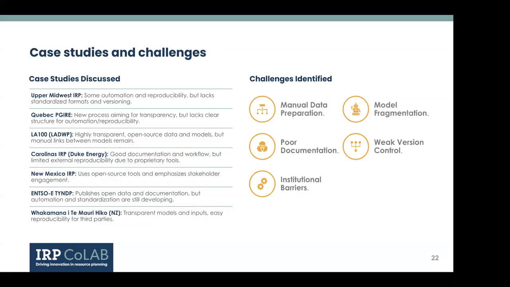We looked at a number of them, which were selected either because they were interesting, because they used a lot of transparent tools already or had a lot of automation built in already, or because they were IRPs that spanned multiple states, so engaging with multiple stakeholders was already baked in. We looked, for instance, at the Upper Midwest IRP, where there is a degree of automation and reproducibility already in the process.